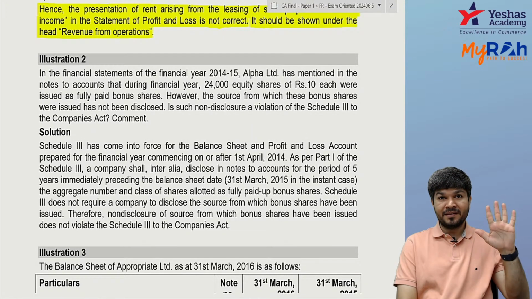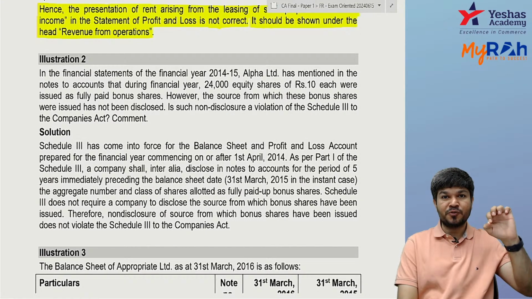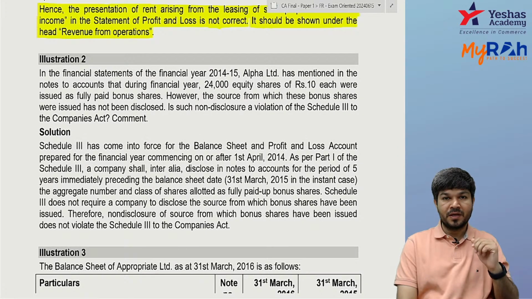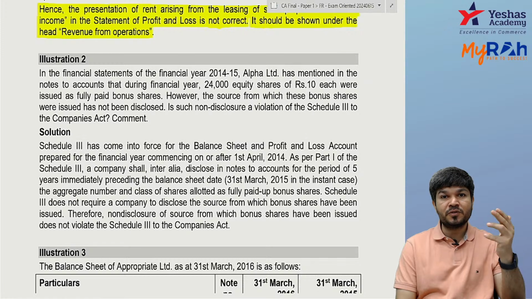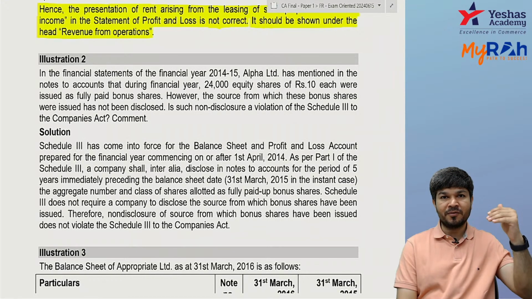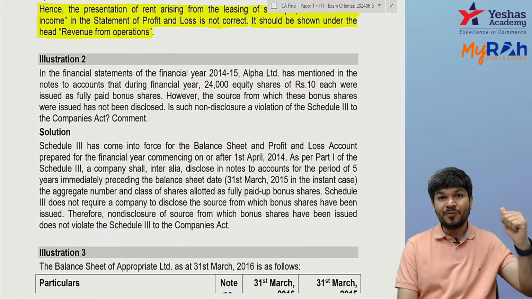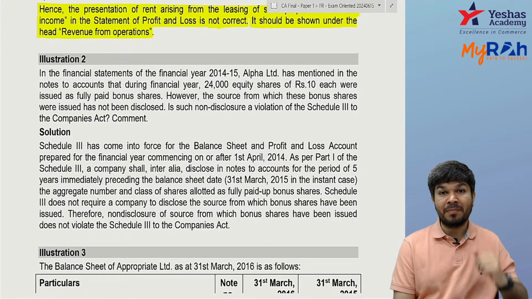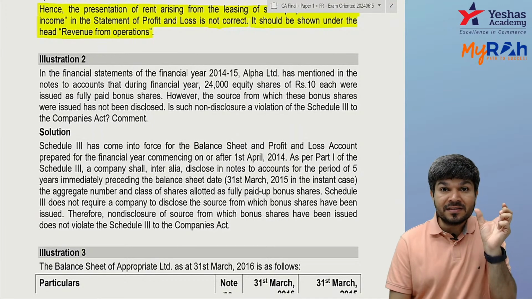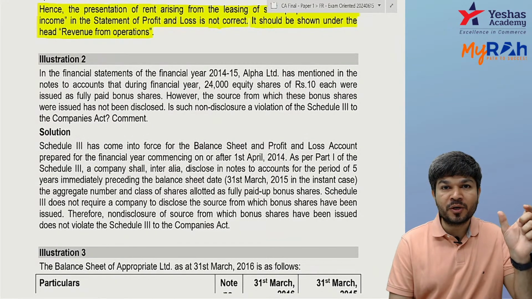Question: whether the source of bonus issue is to be given. Means, out of about this many shares issued by way of bonus, by using securities premium, or general reserve, or retained earnings. That's the source. So whether the source of bonus issue is required.